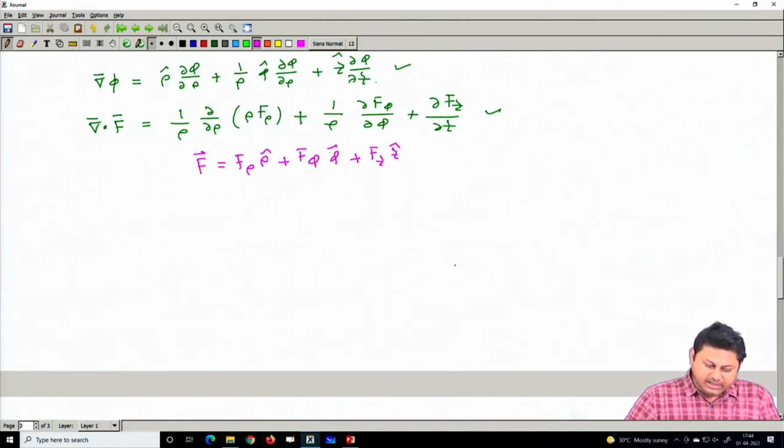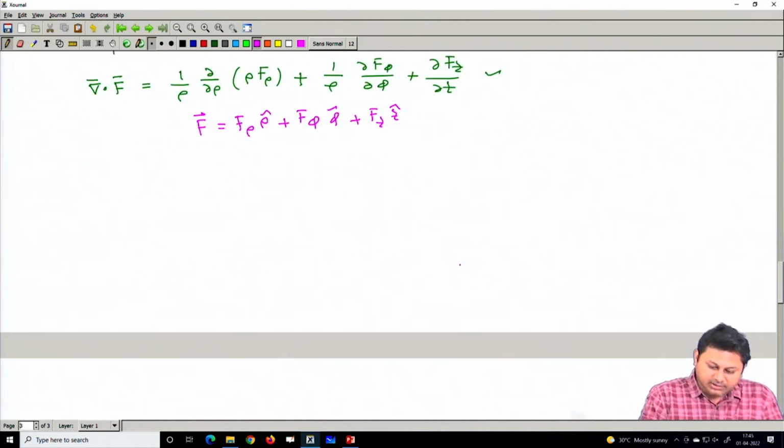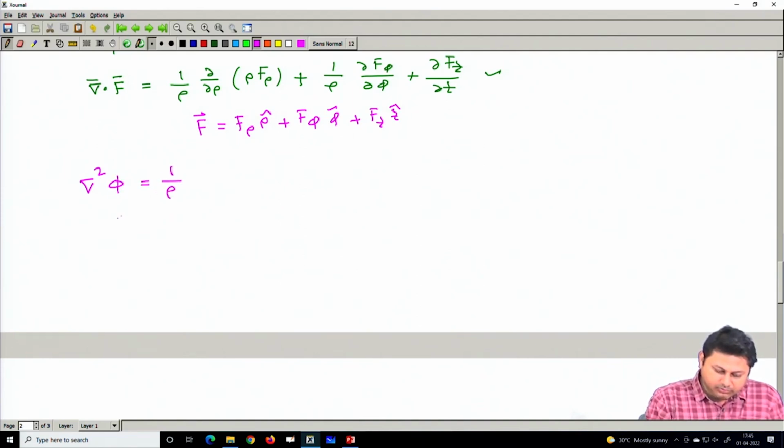So, the next thing that I would like to show is the very important Laplacian of a scalar field phi, and it is 1 by rho del del rho of rho del phi del rho.